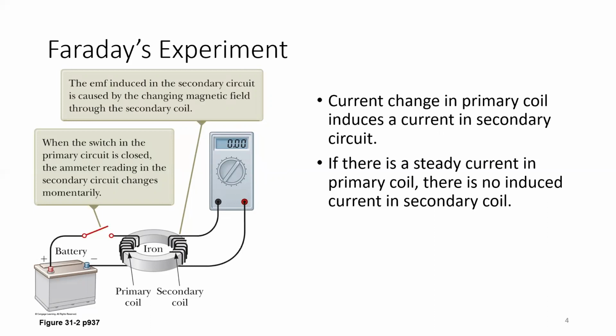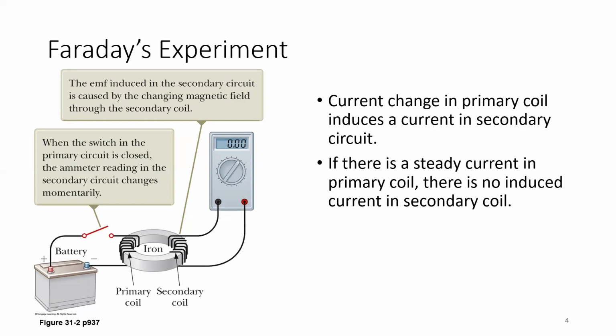Since current is running through that primary coil, remember, a current creates a magnetic field. So we're going to create a magnetic field in that iron donut, basically. Now there's a magnetic field going through this conductive secondary coil.